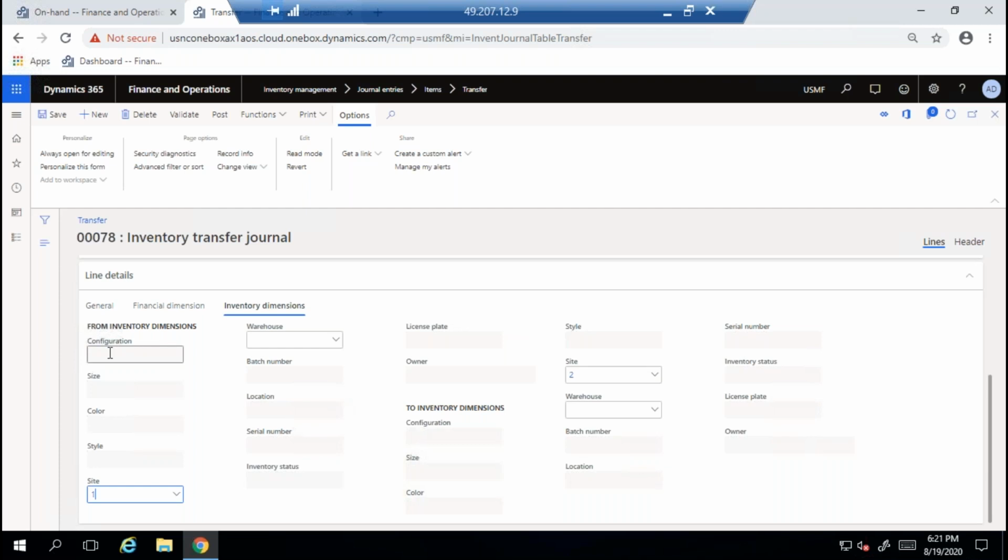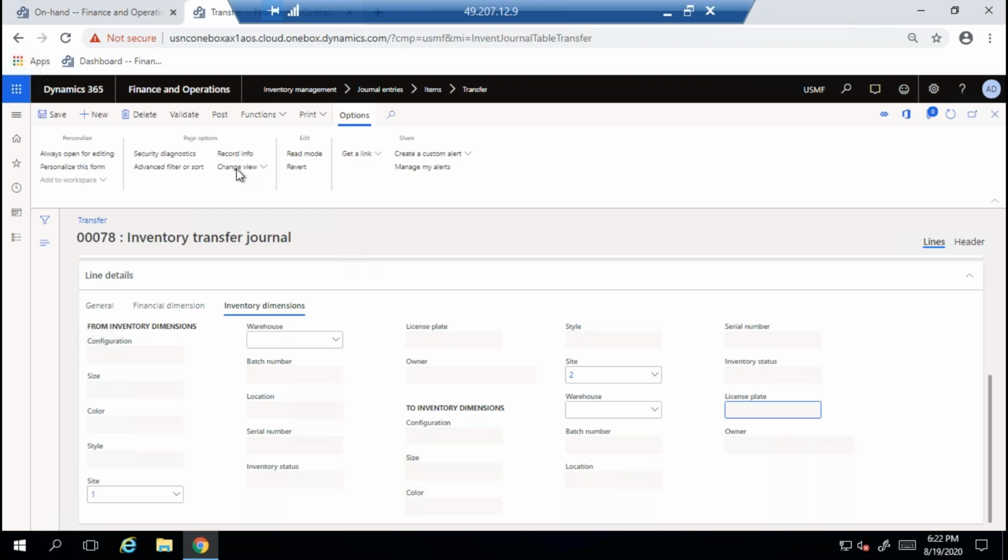One is from site to site, from warehouse to warehouse. In the same manner, there are many characteristics available, like configuration, size, color, style, and license plate.